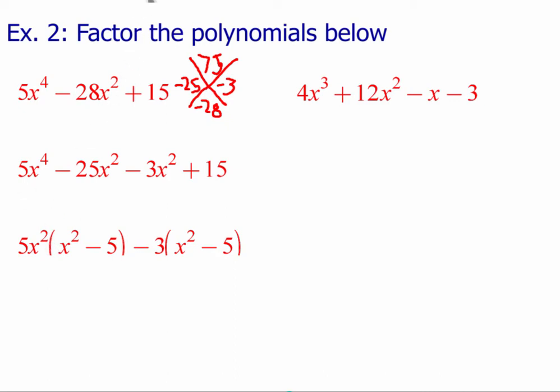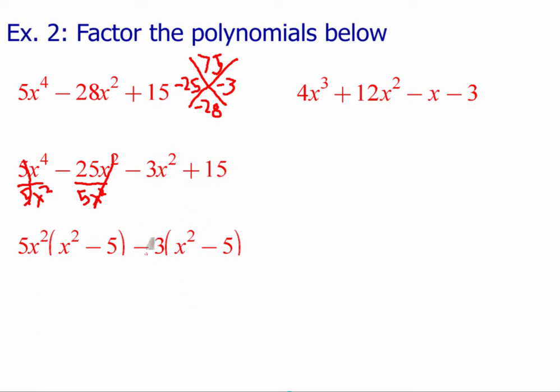If I divide these out, 5x to the fourth divided by 5x squared, the 5's cancel. x to the fourth divided by x squared is x squared. Similarly, if I divide this one by 5x squared, 25 divided by 5 is 5, and the x squareds cancel. Negative 3x squared and 15.